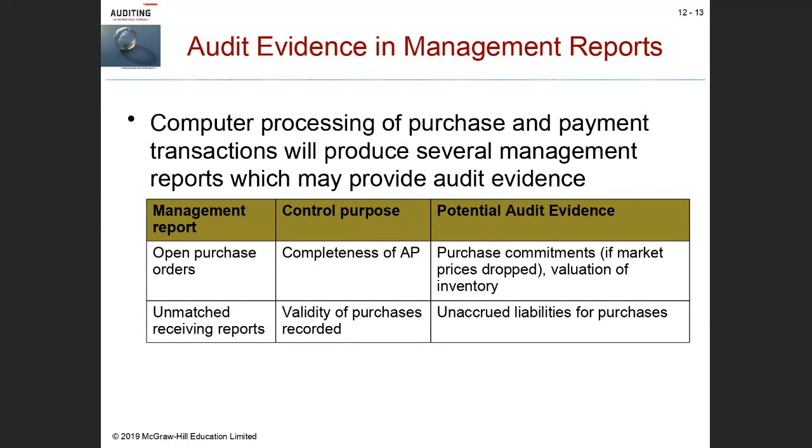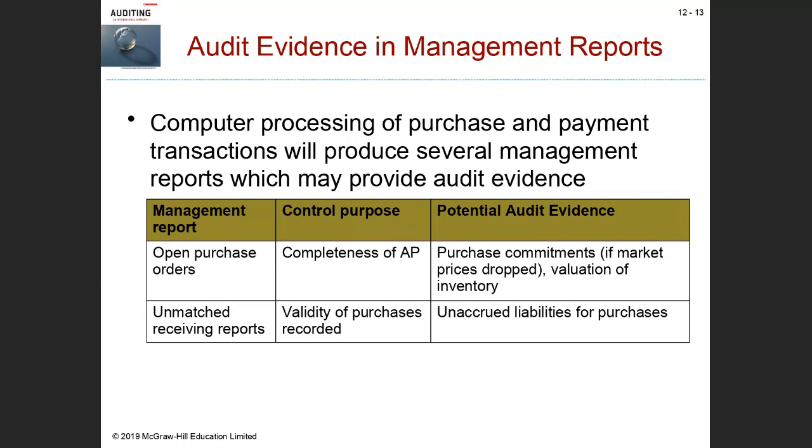So the processing of the purchases and the accounts payable and the payments in our information system will produce various types of management reports. Those management reports, of course, can be used as audit evidence. And so they might provide us with keys to problems in the accounting system.